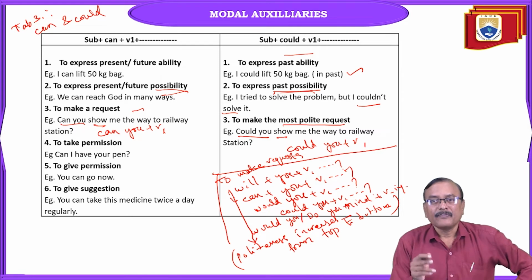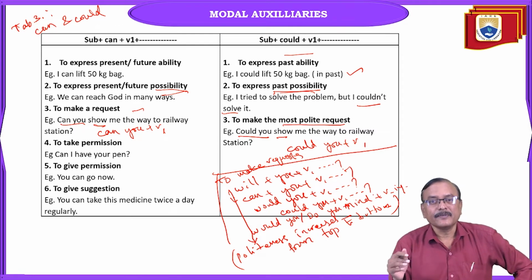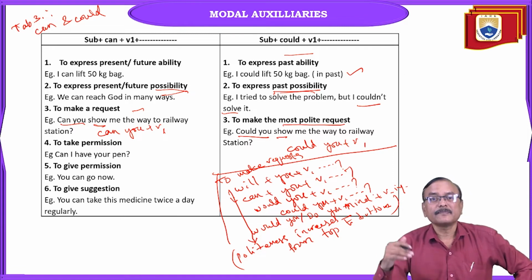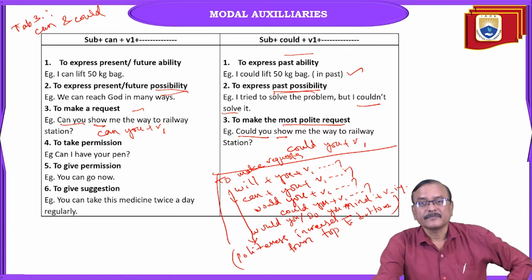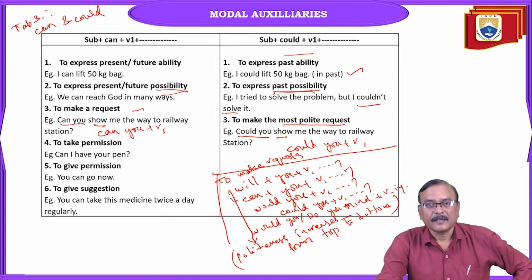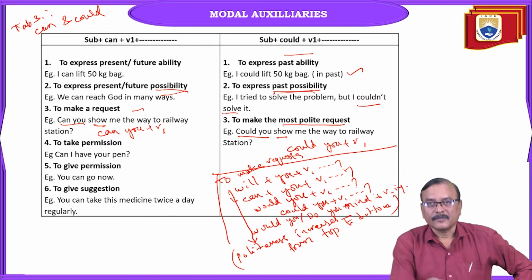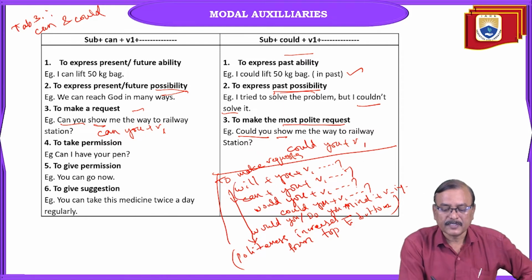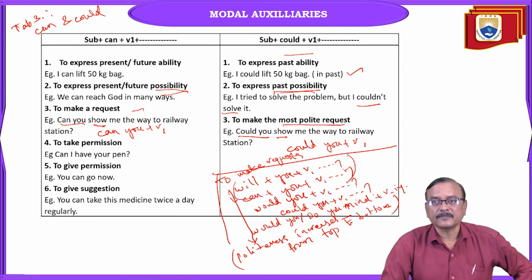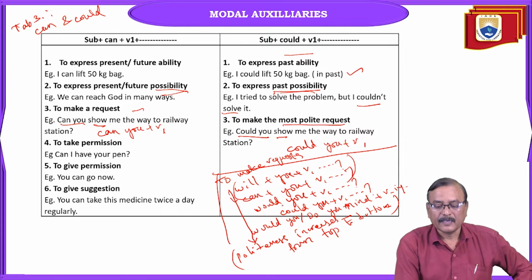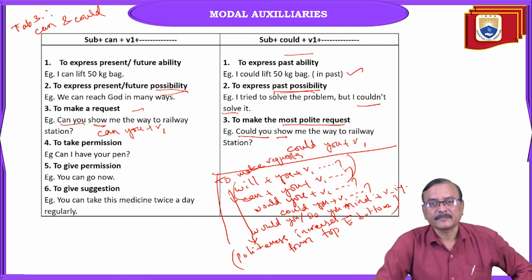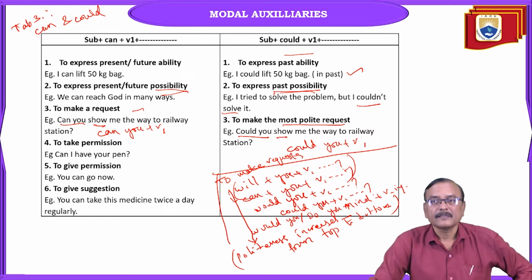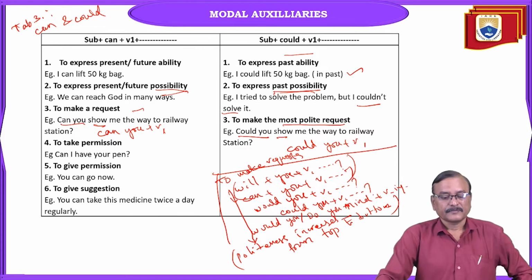But will you is less polite, can you is just polite, would you is more polite, could you is the most polite. So you have to remember this. With elders, don't use the first two. Better use would you or could you, or would you mind. Okay? Is it clear?